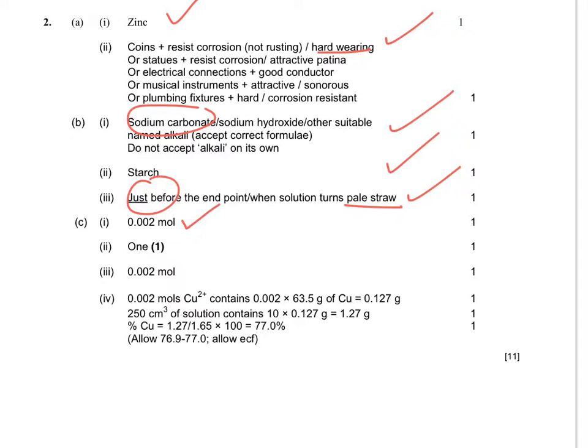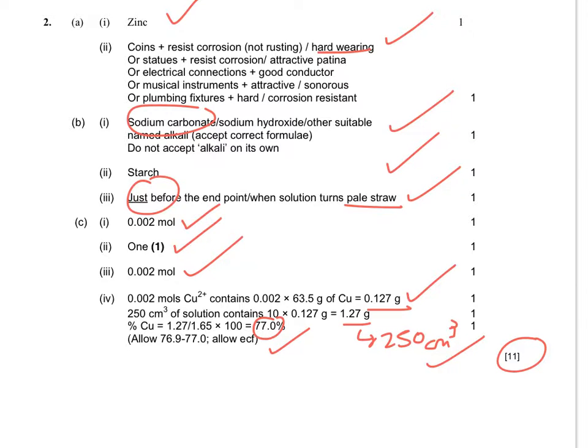We got 0.002 moles, 1-to-1 mole ratio, so therefore the same number of moles for our thiosulfate. We got 0.127 grams in our 25 centimeters cubed, 1.27 grams in 250, and therefore 77% as our final, and we got all the marks that way.